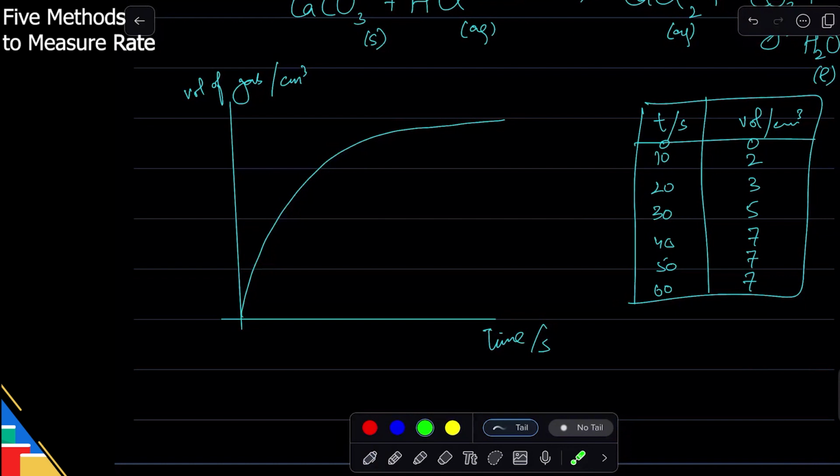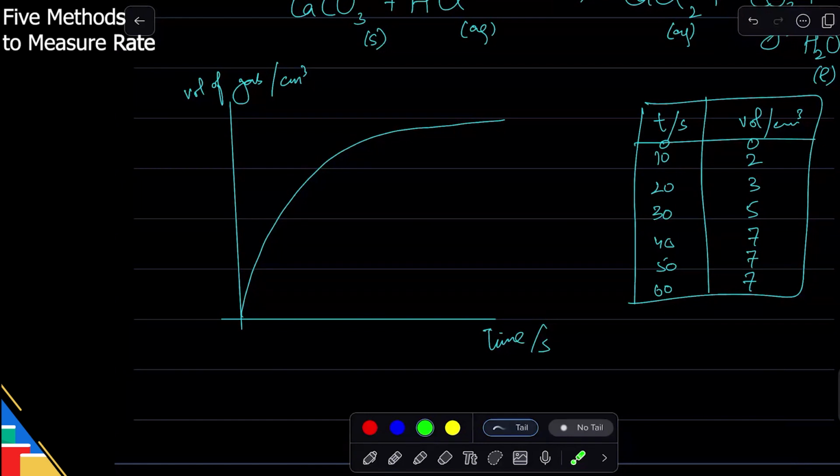When did it stop appearing? When did it stop coming out? Look at the table and tell me. Here. After 40 seconds, no more gas is coming out. The value is increasing until 40 seconds. And after 40 seconds, the value is same, which means the reaction is complete.